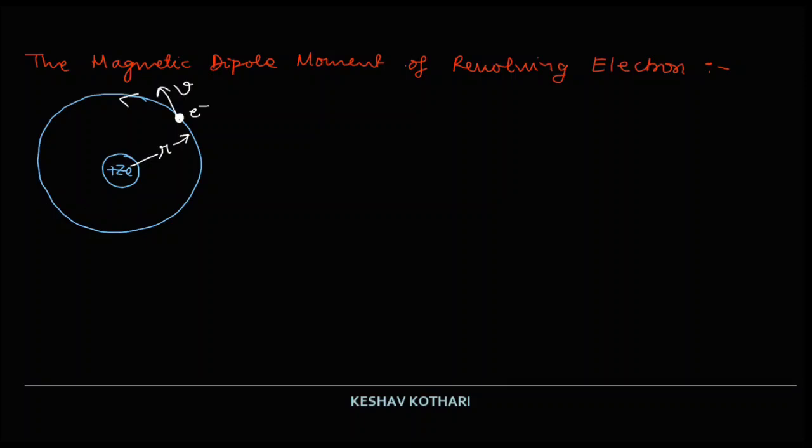If we consider a point P on the path of the electron, in one revolution of the electron a charge of e crosses the point P, and hence if we use the expression that current is equal to charge flown by time taken, we can calculate the equivalent value of current due to the motion of the electron in an atom.